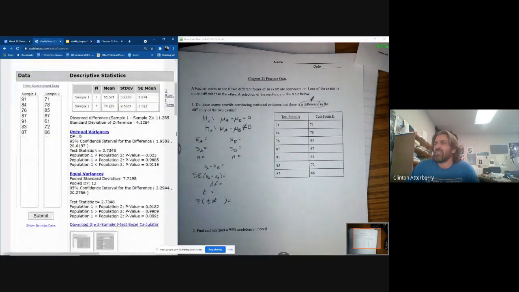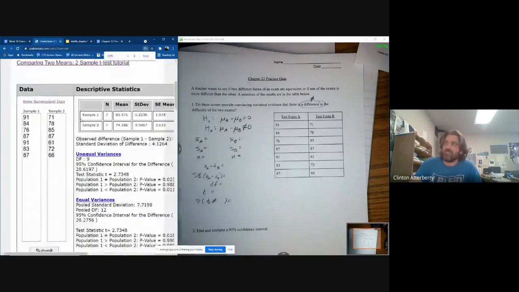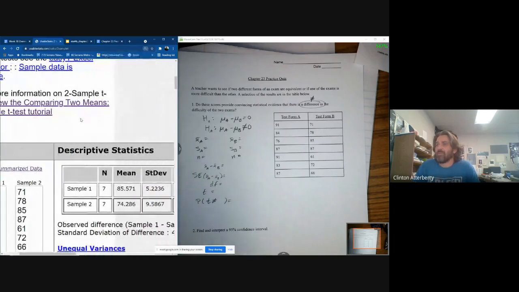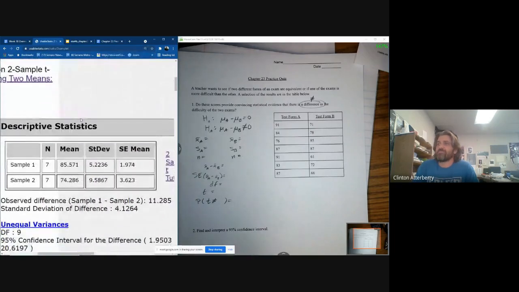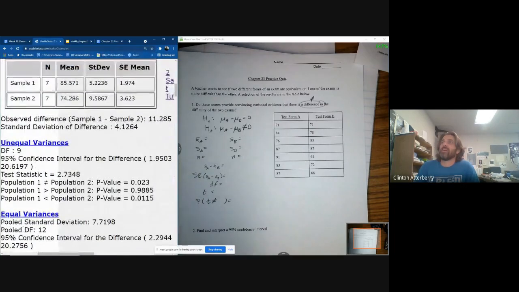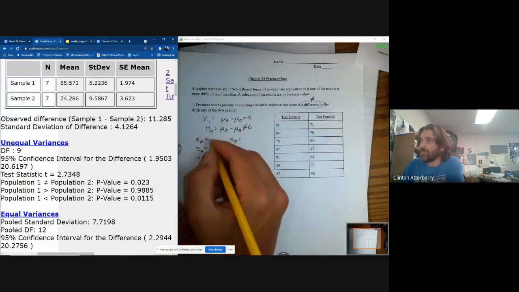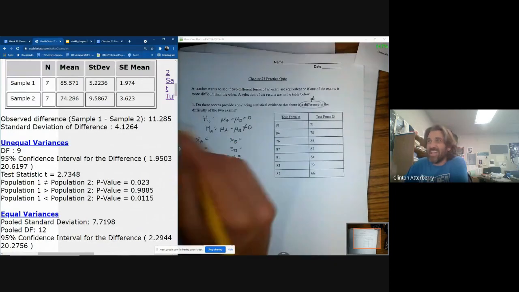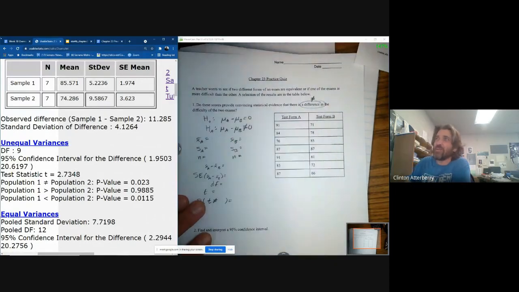And it gives me all these numbers right here. I'm going to see if I can zoom in on this. I'm going to need these numbers here. So sample one, which was test A, that average was, we look up here, 85.571. That's that number there.